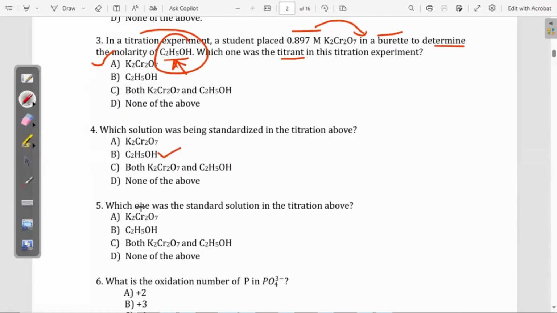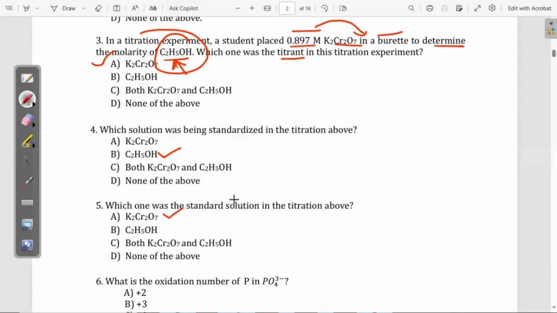Which one was the standard solution in the titration above? The standard solution is the one for which we know the concentration. Here they've given us the concentration of this one, so that's the standard solution. We're going to pick this as the standard solution.